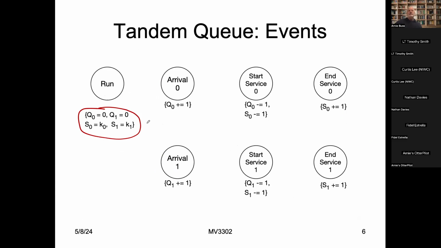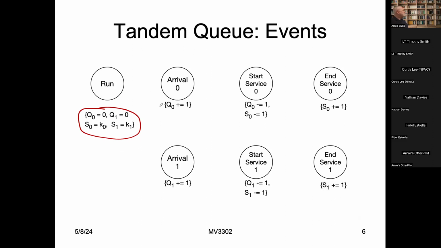If we have defined them correctly, which means that we include the initial conditions, then we can always write this run event. If we can't, then that means we haven't sufficiently defined our state variables. So that's reason number 52 why parameters and state variables should always be defined before you even start drawing the events.